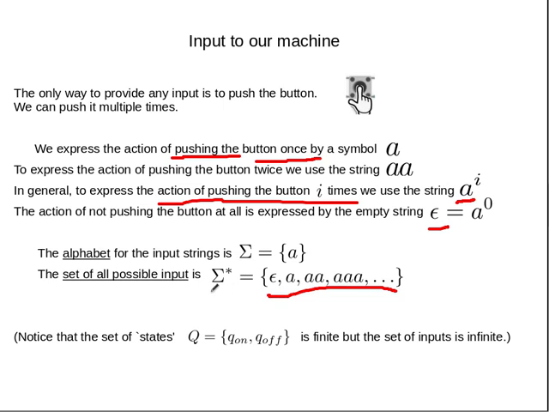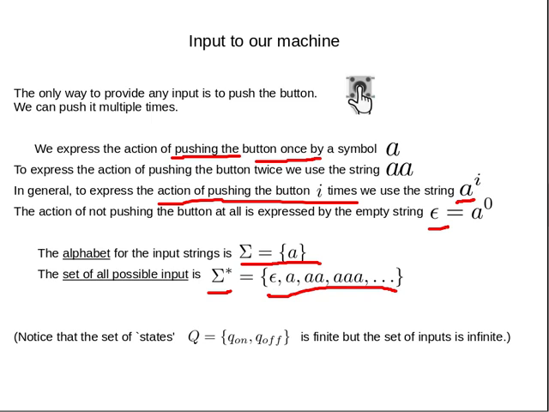So these are all the possible inputs. This is the universe of all the inputs, and you can see that these are all the strings over this alphabet. We already have an alphabet containing only the symbol A. So we have encoded our input as strings. You remember in the proper definition of a computational problem, we needed the set of all inputs to be the set of strings over some alphabet, right?